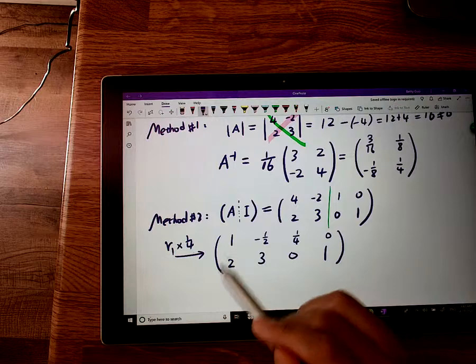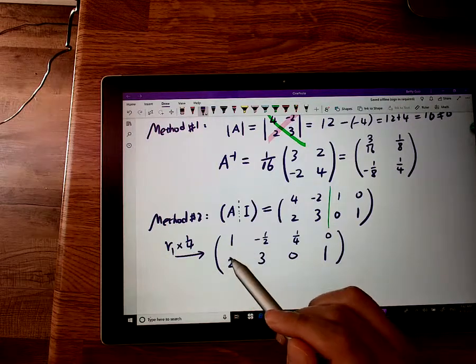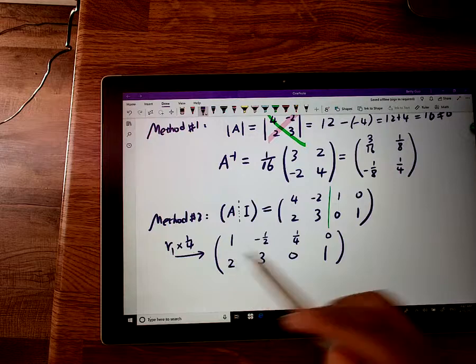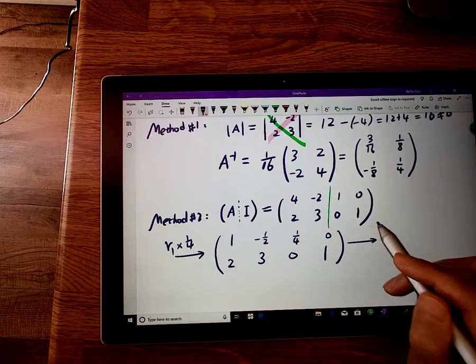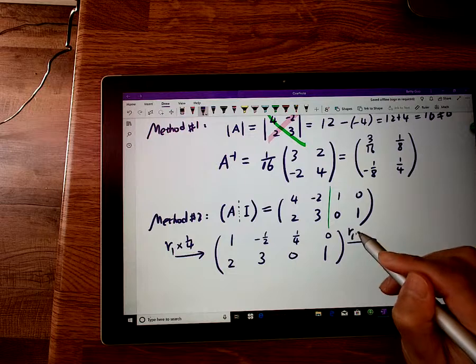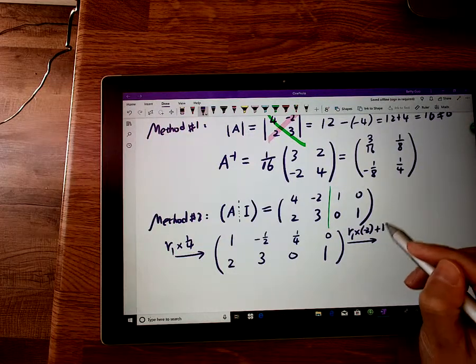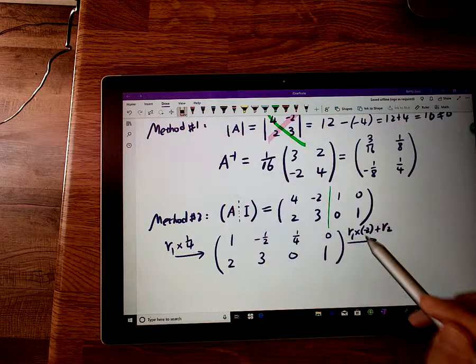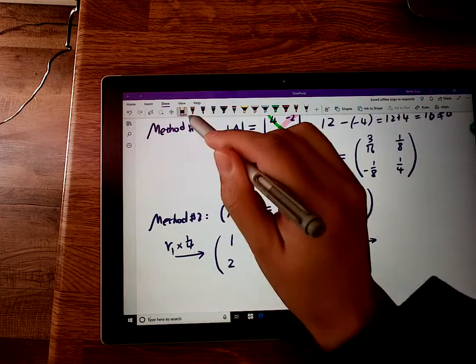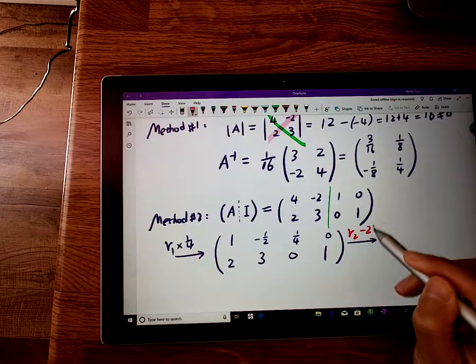I want this entry to be 0, because this is a leading one. We want the entry below the leading one to be 0. How do we do that? The third row operation. We multiply row 1 by -2 and add it to row 2. Sometimes the notation is like this: row 2 minus 2 row 1.